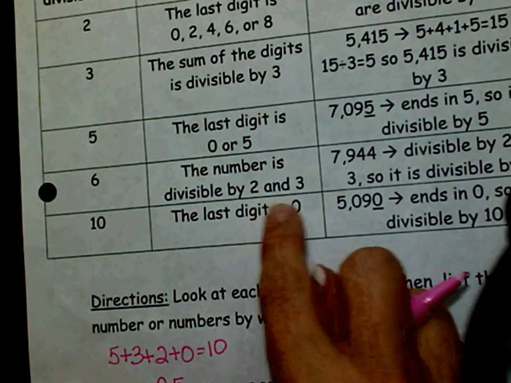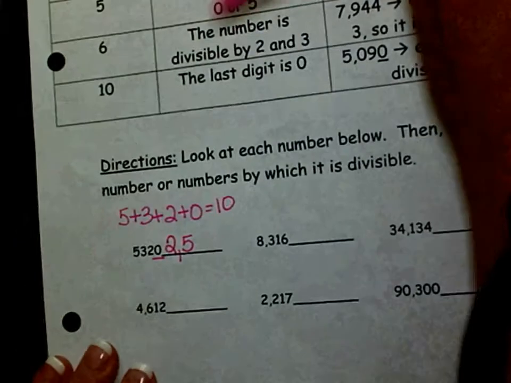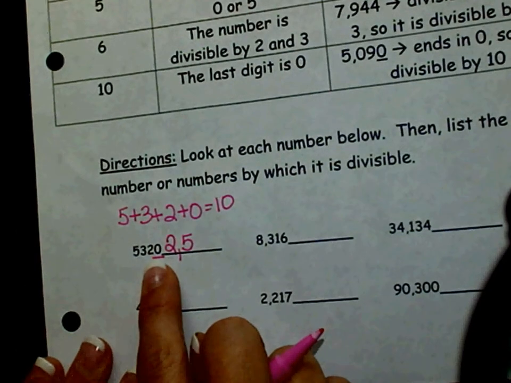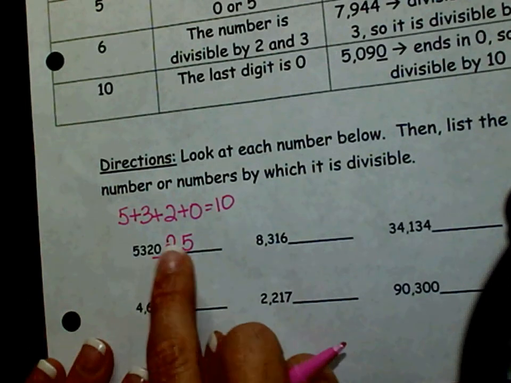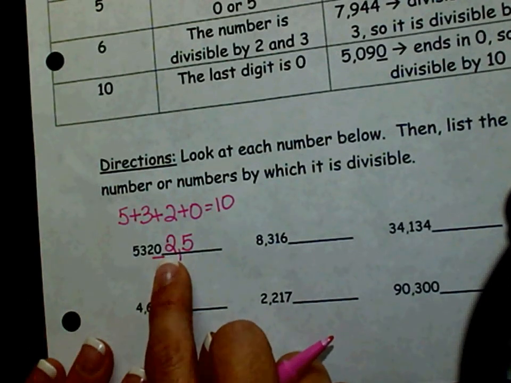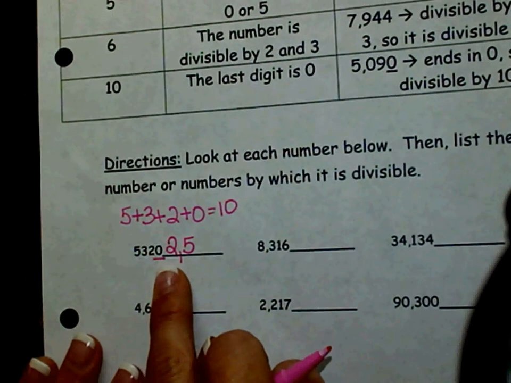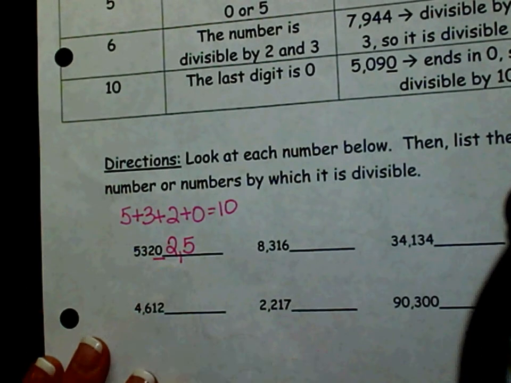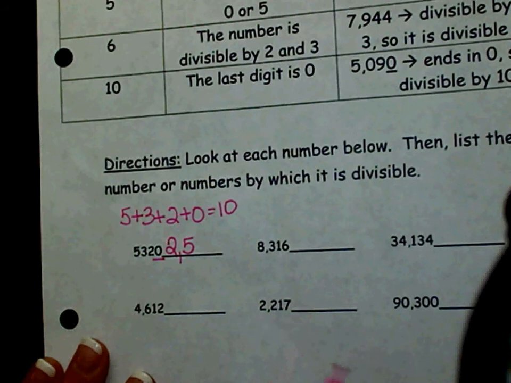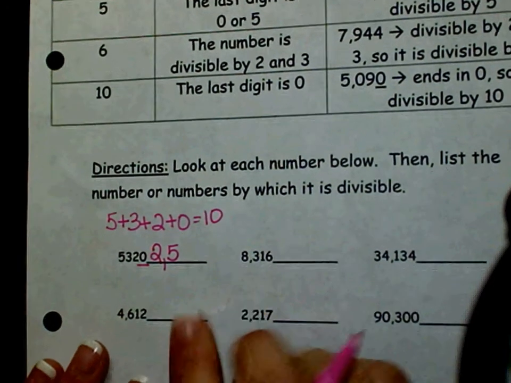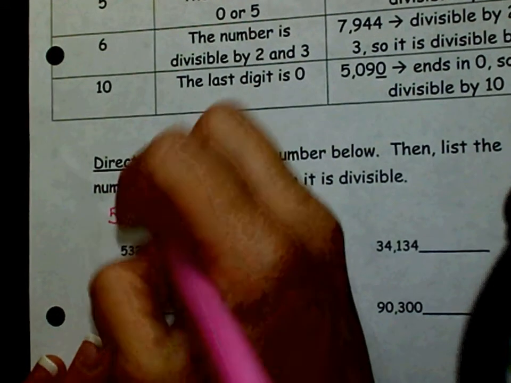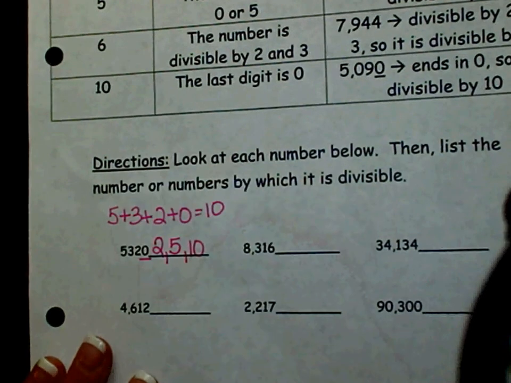Notice it doesn't say or, it says and, which means our number 5,320 is not divisible by 6 because, yes, it's divisible by 2, but it is not divisible by 3. That means it is not divisible by 6, because 6 said 2 and 3. Let's read 10. The last digit is 0. Is the last digit 0? Yes, which means this number is divisible by 10.